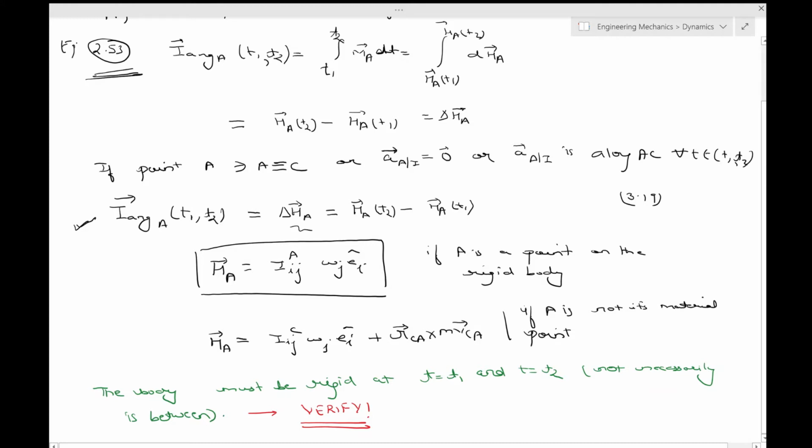If the component of MA along an axis fixed in the inertial frame is 0, then equation 3.19 implies that the component of HA along that axis is constant. In that particular case, that constant will be 0, that particular component of HA will be 0, and obviously this will be true along that particular axis only.